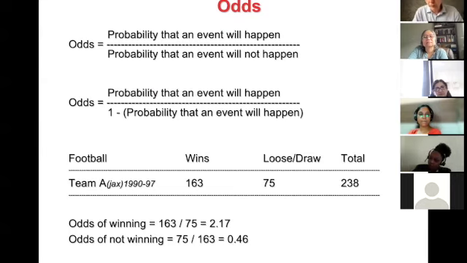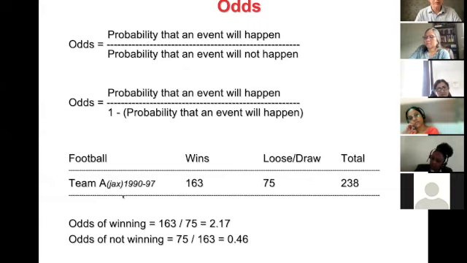Those of you who come from countries with maybe a stronger link to the United Kingdom are probably very familiar with the term odds because it's very closely related to betting. Odds is the probability that an event will happen over the probability that an event will not happen. For example, you use it to calculate when you're betting on football teams. I learned more about this when I was in the Netherlands, and I looked at a football team.